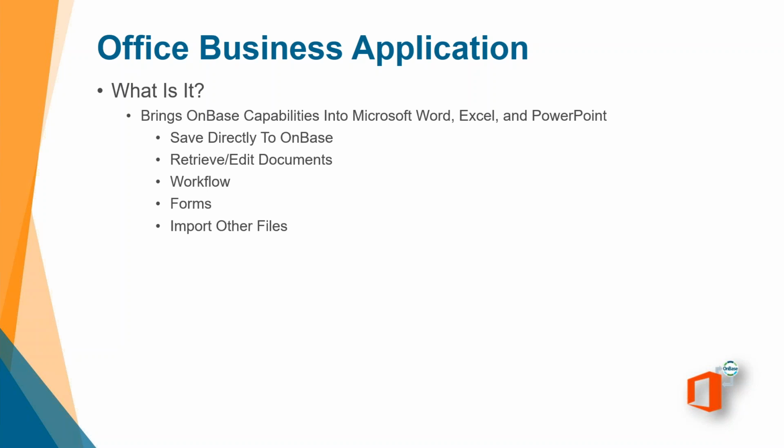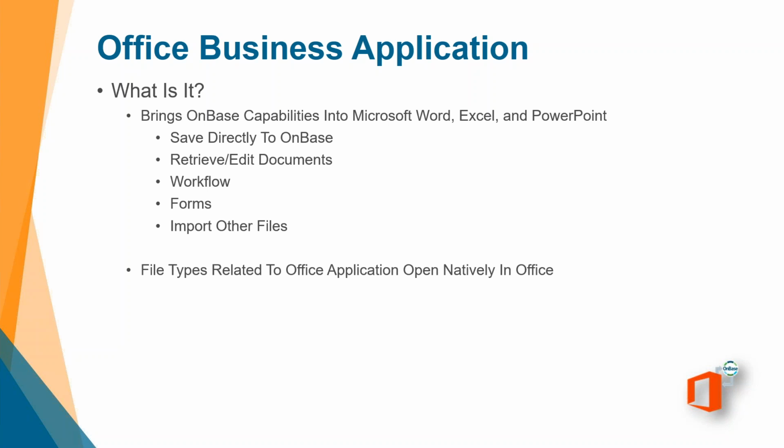If I have Word open, I can import any file type by using the import functionality and still browse and grab that information. Another extension of OnBase to now bring to that user, regardless of the interface where they live quite often, OnBase content and make them that much more efficient.